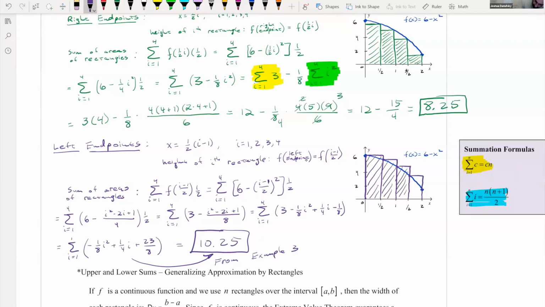that are bleeding over our curve there, but the actual area under the curve is somewhere in between these two, right?